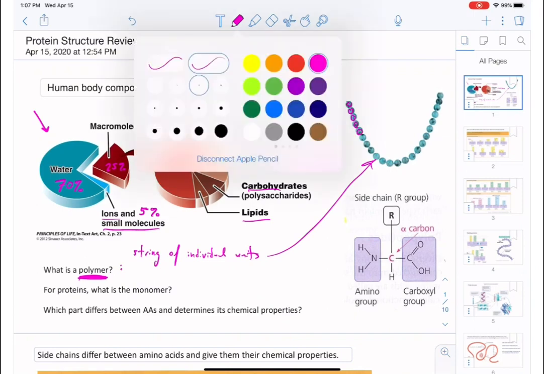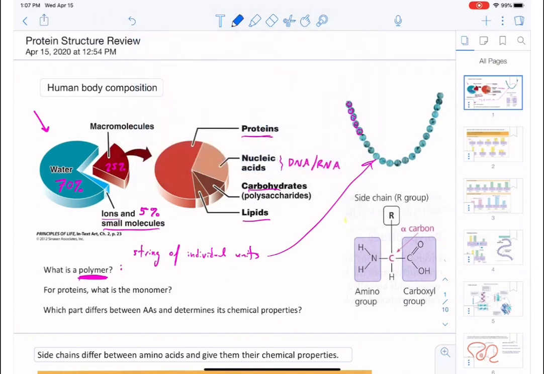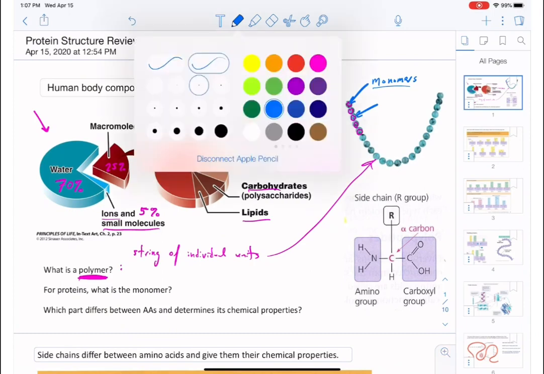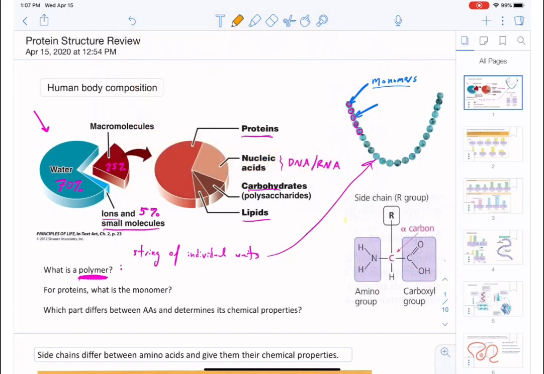Now, what do we call these individual units? What do we call this individual bead right there? Well, generically, we call those monomers.